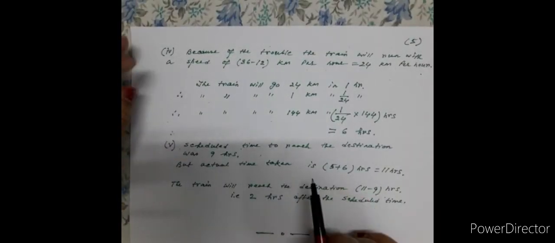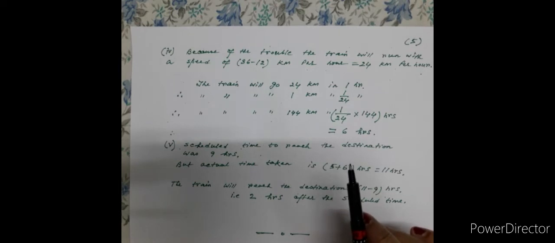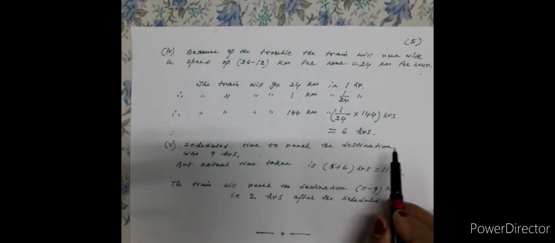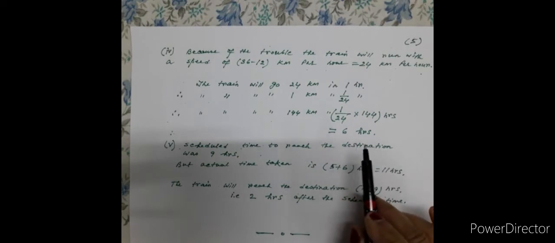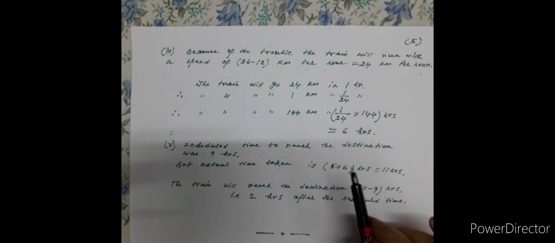The scheduled time was 9 hours, but the actual time taken: before the problem developed in the engine, the train moved at the speed of 36 kilometers per hour for 5 hours. Now, when the problem developed in the engine, the train has to cover the left out 144 kilometers.